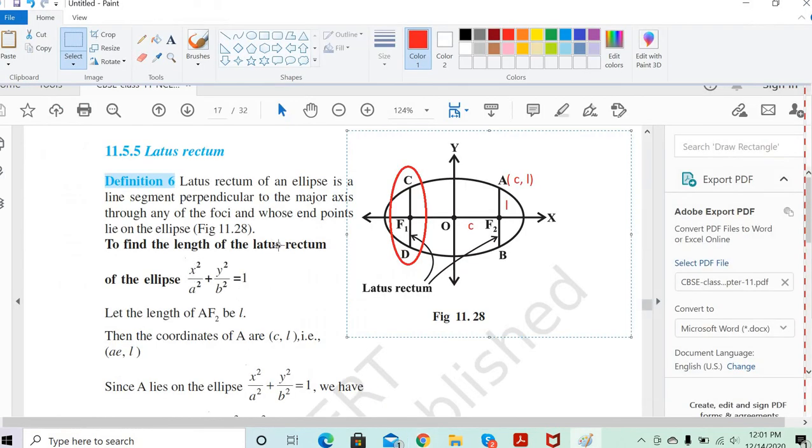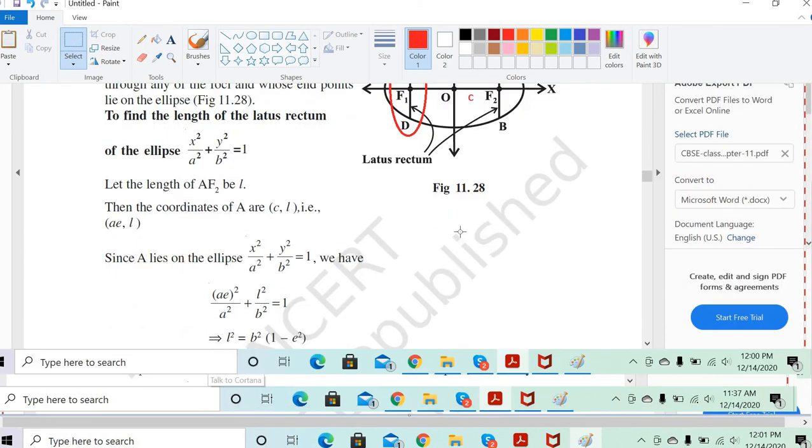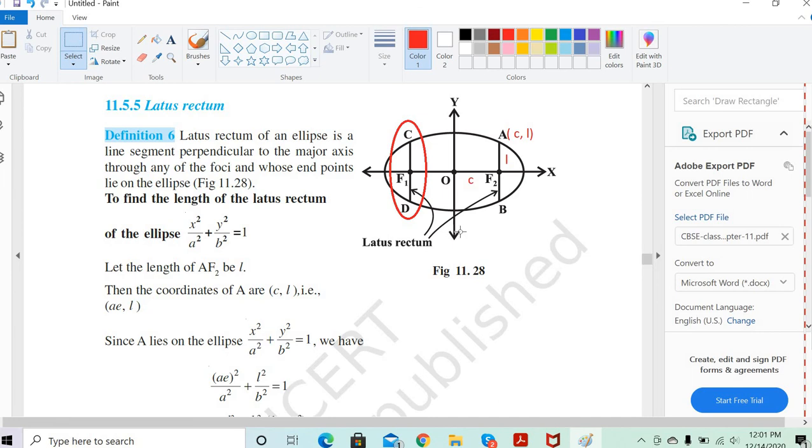Correct? Yes, sir. So if I say that AF2 distance is length L, then the coordinate of A will be C comma L, isn't it? Right? Yes, sir. And what is C? Let's understand the eccentricity.